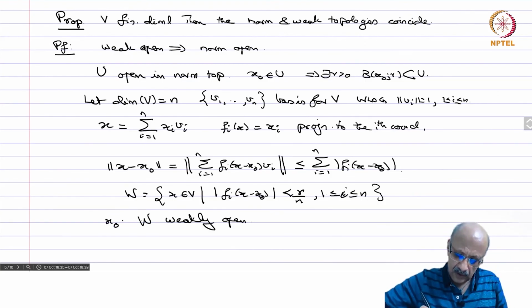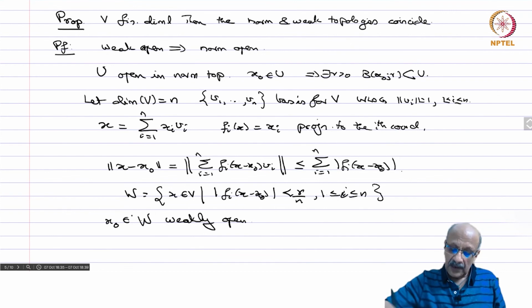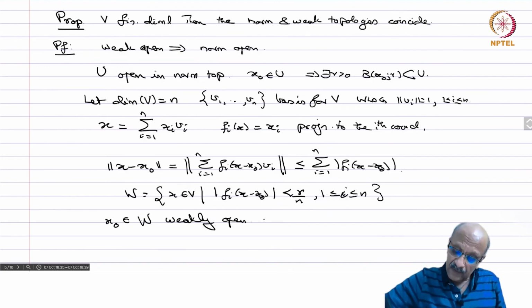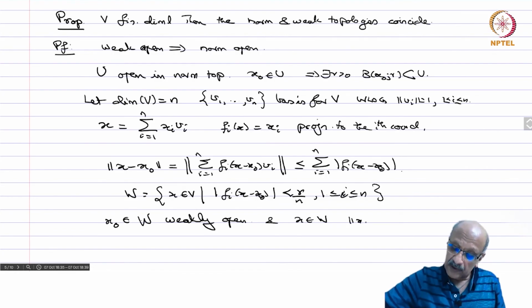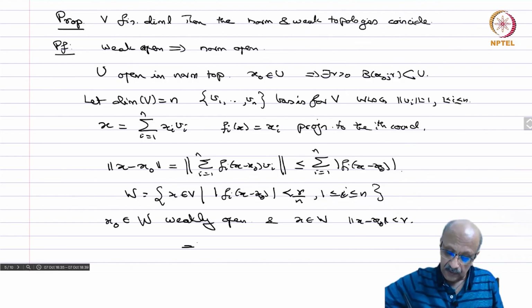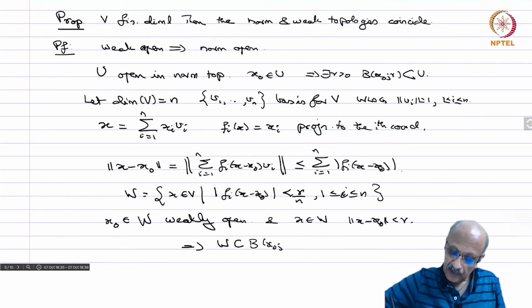x naught belongs to W and W is weakly open, and if all of these are less than R by n, then if x belongs to W, we have the norm of x minus x naught is less than R, and therefore W is contained in B of x naught, R, and x naught belongs to it.